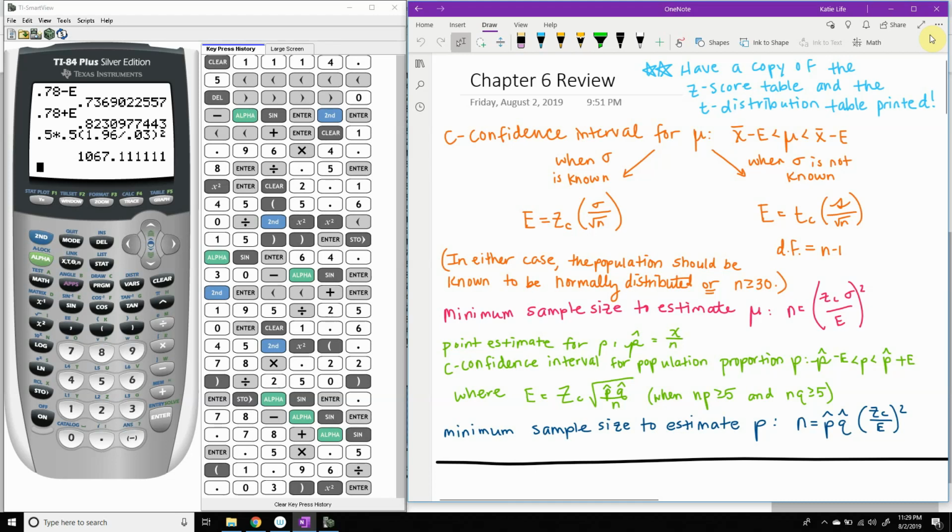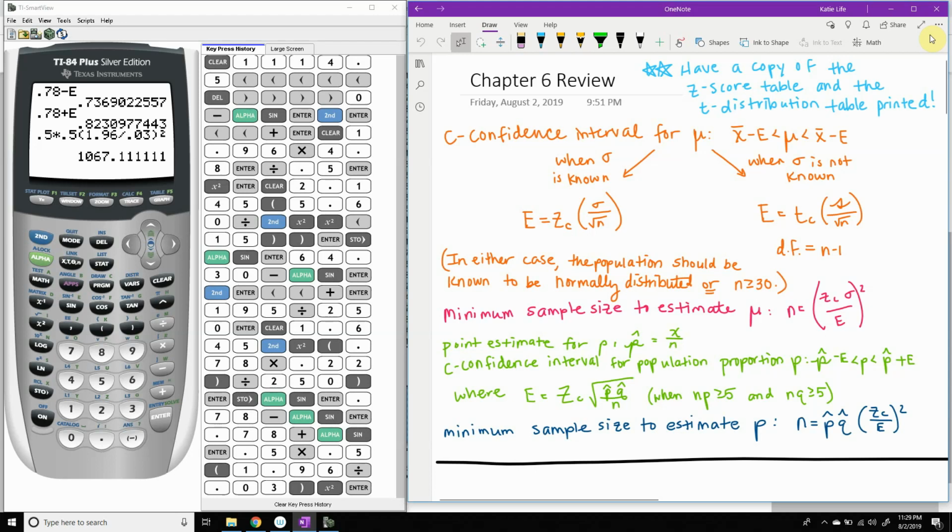Right, all of those questions are going to lead you to different confidence interval formulas. And if you have those standard normal curve and t-distribution tables printed out and nearby, that's also going to save you some time on the exam instead of flipping back and forth through the ebook or some other website trying to find those values quickly. Have everything written out and in front of you beforehand.